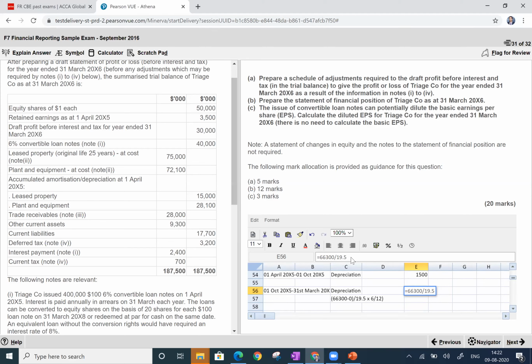You will get dollars per year, dollars in the numerator and years in the denominator. The answer is 3,400 per year. We don't have a full year; you have only 6 months, so multiply by 6 by 12. Clear?